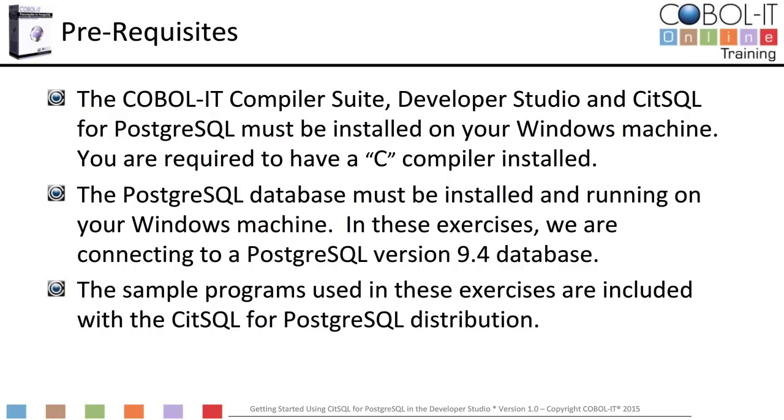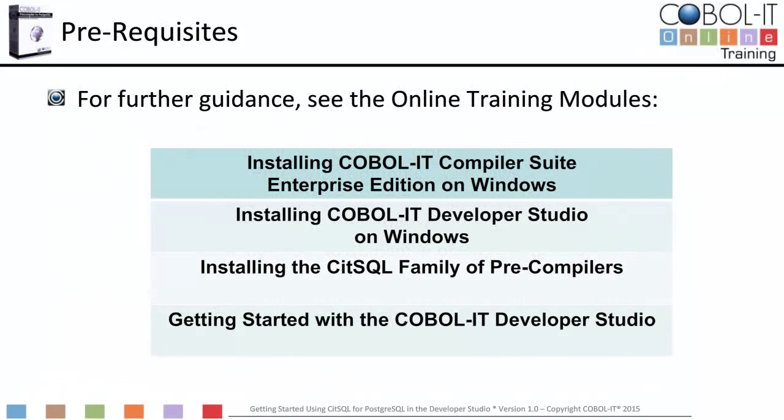The sample program used in these exercises is included with the CitSQL distribution. For guidance, see the COBOL-IT e-learning modules: installing COBOL-IT Compiler Suite Enterprise Edition on Windows, installing COBOL-IT Developer Studio on Windows, installing the CitSQL family of pre-compilers, and getting started with the COBOL-IT Developer Studio.